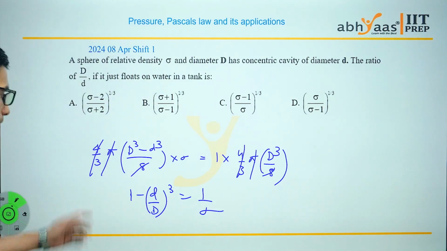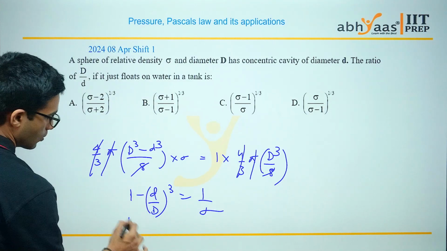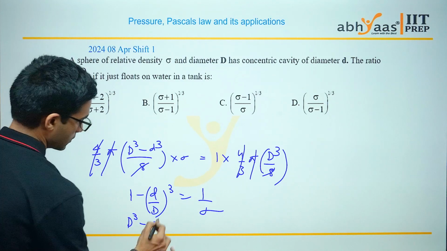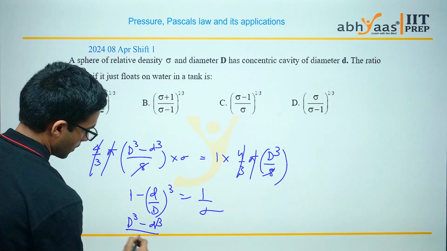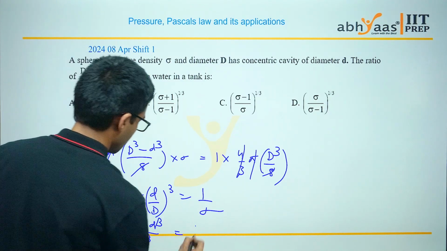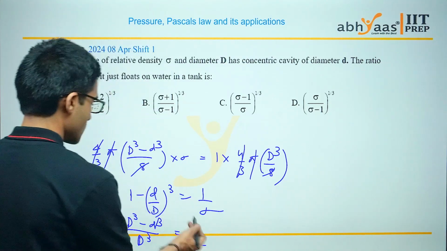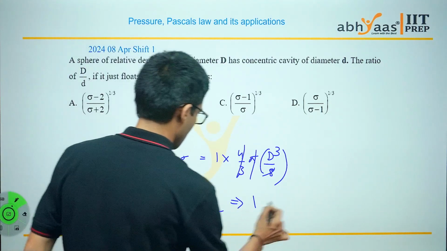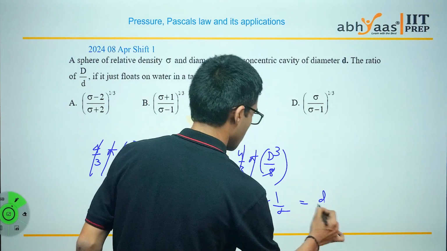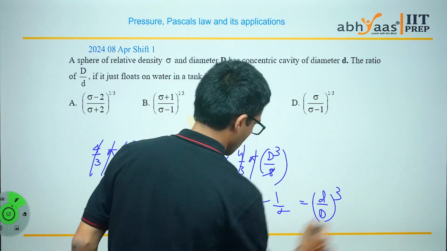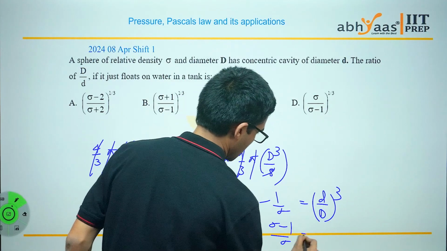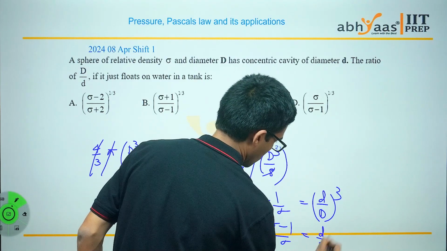So then 1 minus 1 by sigma is equal to (d by D) whole cube. Then what you will get? (Sigma minus 1) by sigma is equal to (d by D) whole cube.